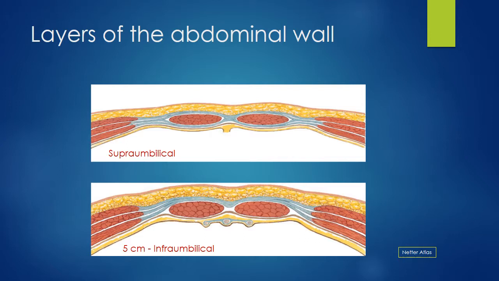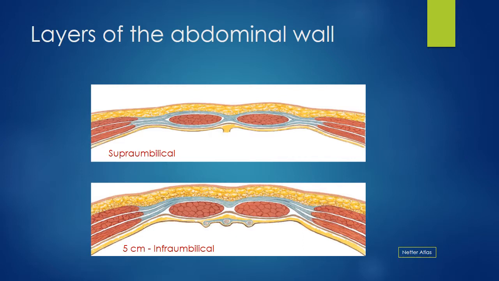About 4 to 5 centimeters inferior to the umbilicus, the arrangement changes at the level of the arcuate line, where all the three layers of the abdominal wall go in front of the rectus. So essentially, in the lower two-thirds of the area between the umbilicus and the pubis, there is no posterior sheath, and all you have is the peritoneum, extraperitoneal fat, and the transversalis fascia.